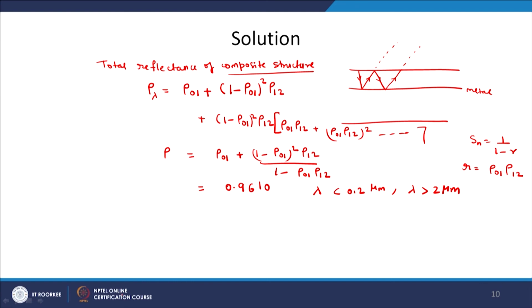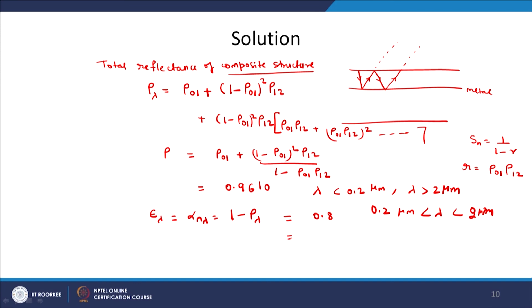Now, let us see how the total emittance is found. So, the spectral emittance epsilon lambda is equal to alpha lambda, which is equal to 1 minus rho lambda, and this value will be equal to 0.8 for the wavelength region 0.2 micrometer to 2 micrometer.